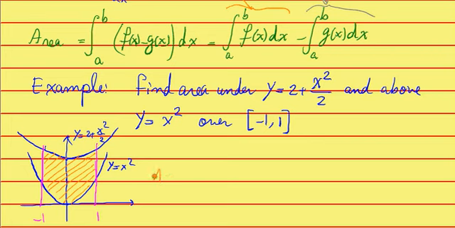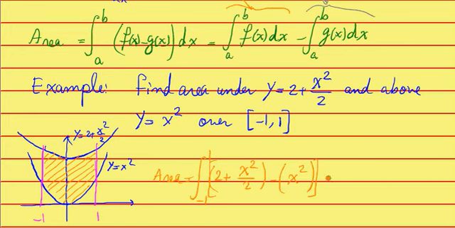What is that area? Well, we learned top minus the bottom, so I write 2 plus x squared over 2 minus the bottom, which is just x squared, and then I'm going from -1 to 1.